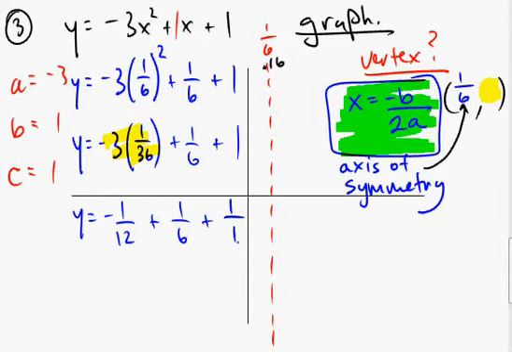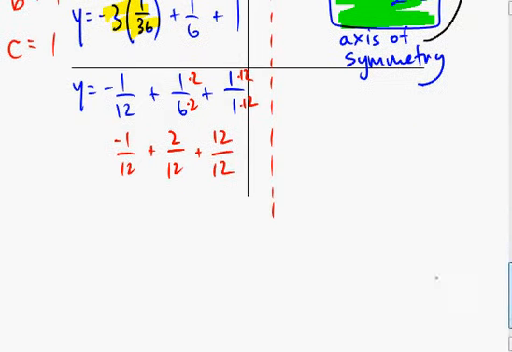We find a common denominator. Does anybody have an idea of what we can make the common denominator? Jose, looks like you have a plan here. What's the common denominator? Make them all 12. Make them all 12, okay. -1/12 plus 2/12 plus 12/12 means y equals how many 12ths? 13 12ths.